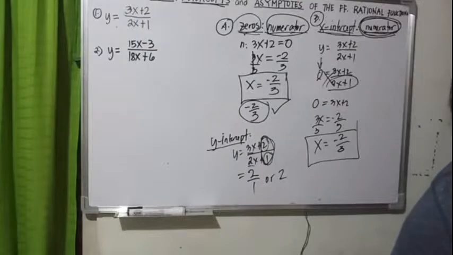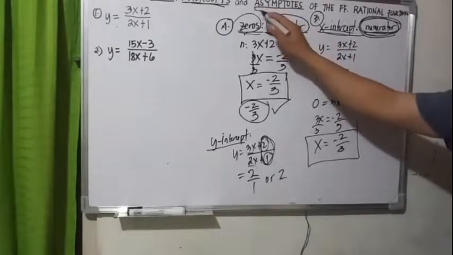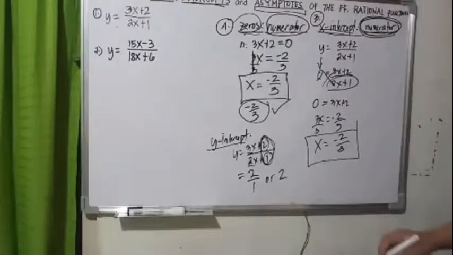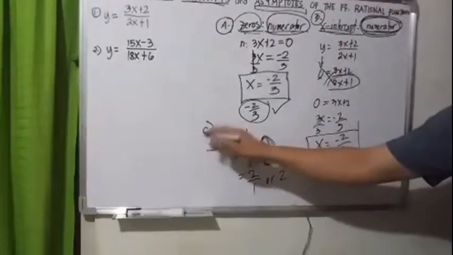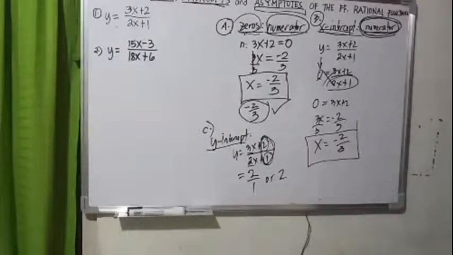Next is for the asymptotes. So dito na, number letter A, B, and C ito. Next, for letter D, i-erase muna natin.